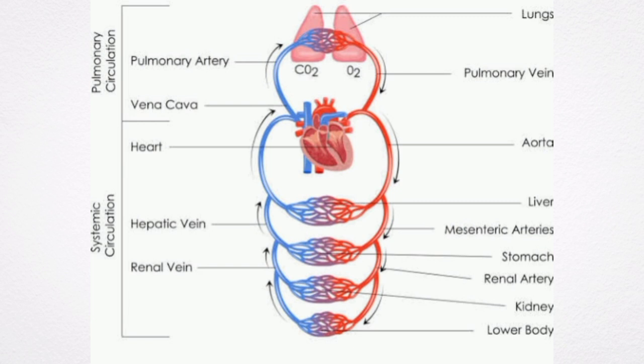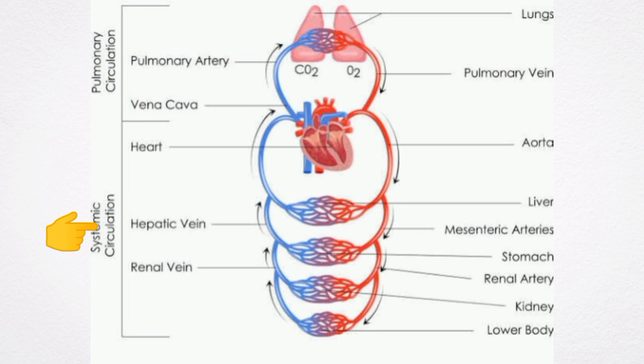Now let's talk about the divisions of the circulation. The blood flows through two divisions of the circulatory system, which are the systemic circulation and the pulmonary circulation. The systemic circulation is otherwise known as the greater circulation. Blood pumped from the left ventricle passes through a series of blood vessels, the arterial system, and reaches the tissues.